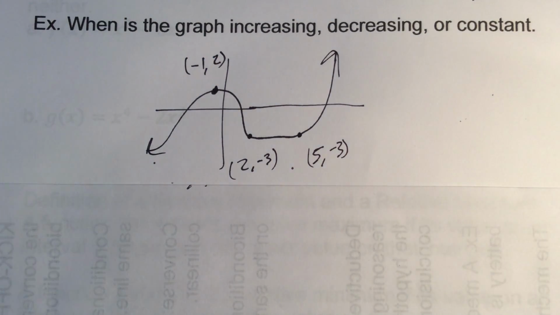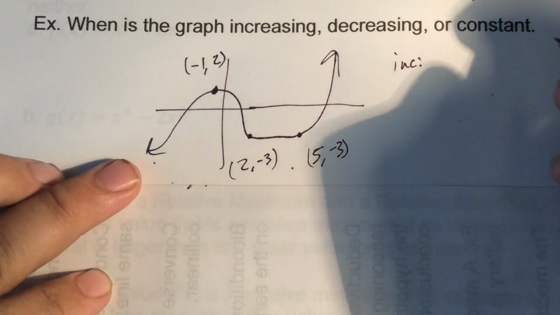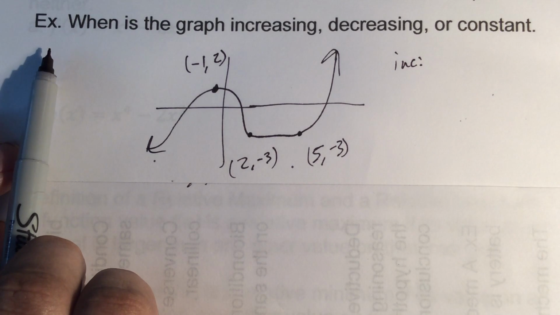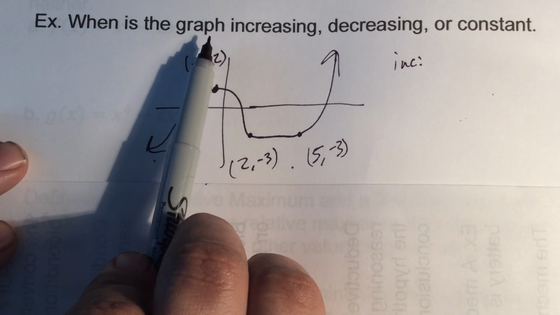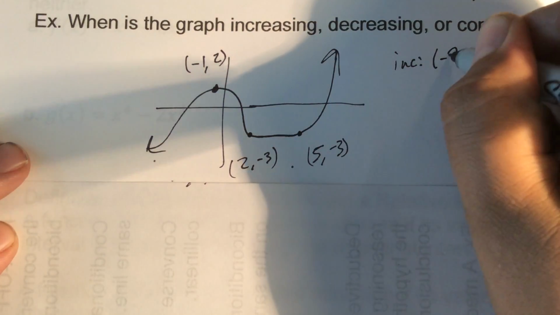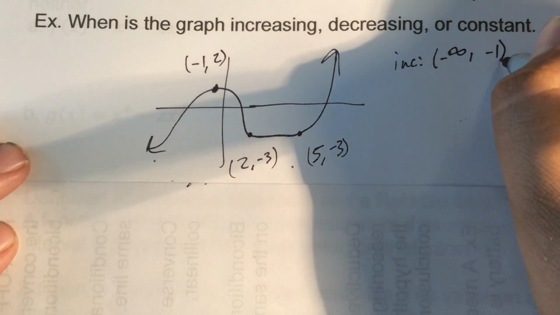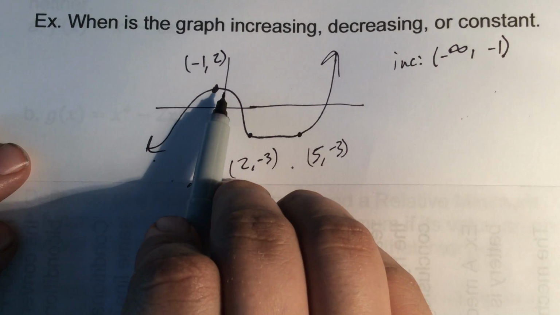Well, looking at this, starting with increasing. Well, we always go from left to right. So as we're coming across, what are we doing? Well, we're working our way up until we hit that max. So working our way up, from -infinity until -1, and we use a parenthesis. So it's up until that point, because at that point we're not increasing anymore.